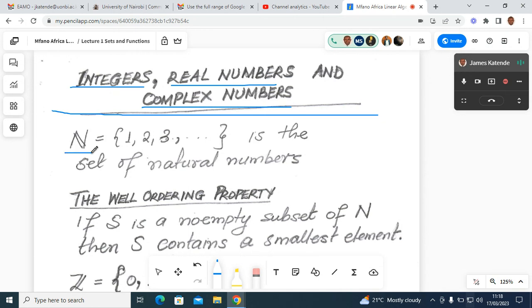The first set of numbers that we shall look at is the natural numbers. So these are just the positive integers, 1, 2, 3, and so on. I think you're familiar with this. This is what we shall consider as the set of natural numbers.